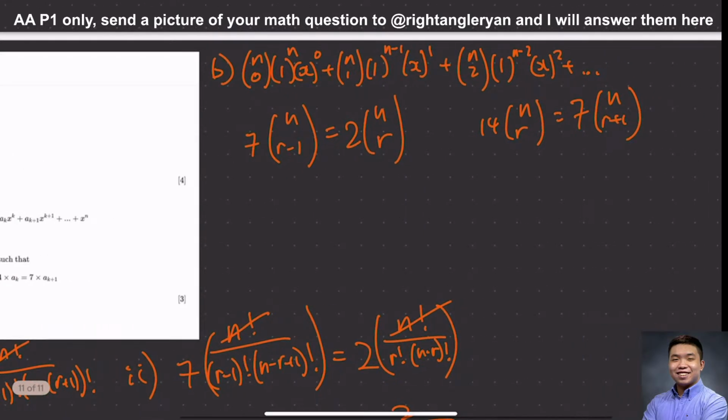Now, if I move the 7 to the left, then it's just going to be 2 n choose r is equals to n choose r plus 1.